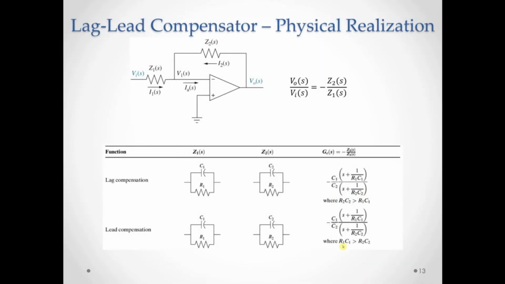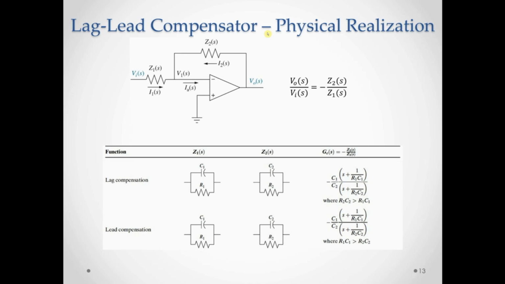The same inverting amplifying circuit can also be used to implement a lag or lead compensator. This slide shows what combination of components you need to choose for Z1 and Z2 in order to create a transfer function that is in the same form as a lead or lag compensator.